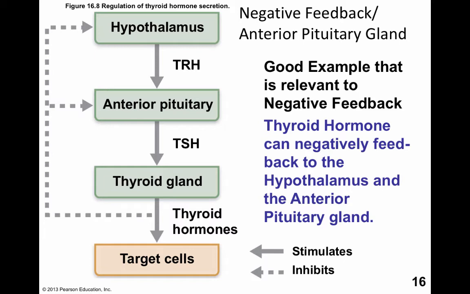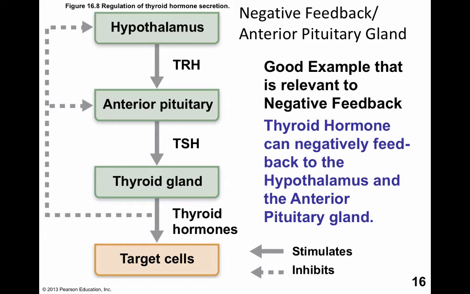So negative feedback for the pituitary gland and how it works is basically what you have here. When we're looking at the thyroid gland, this is a good example that is relevant to negative feedback.